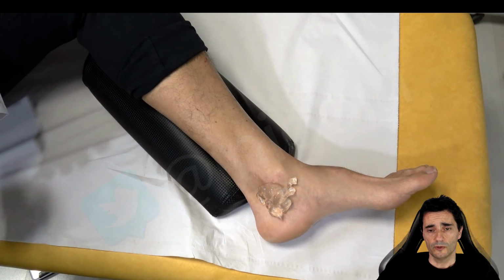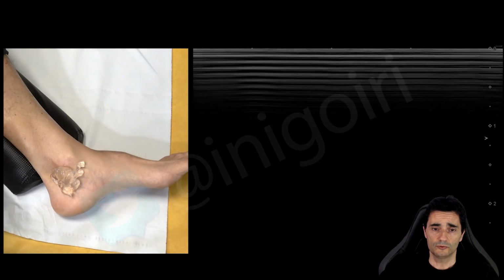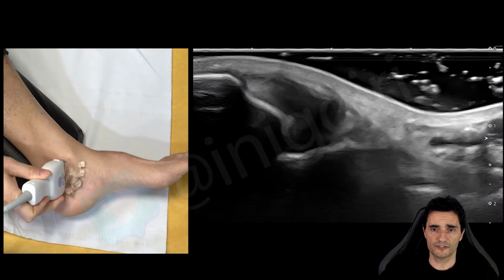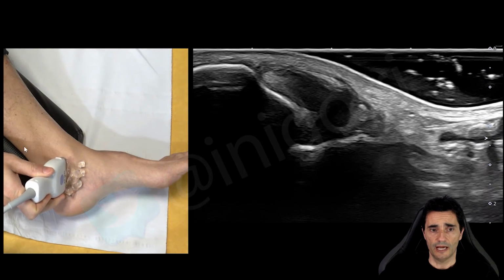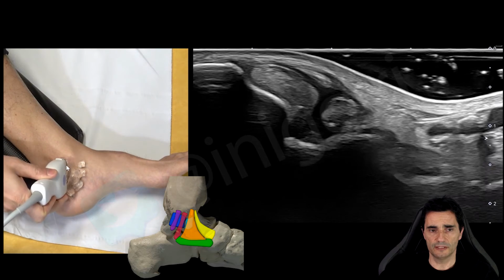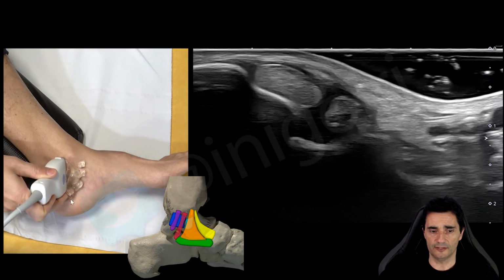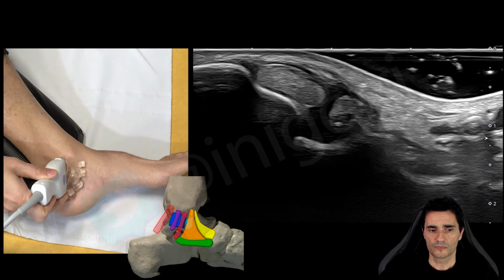First of all, we will locate the medial malleolus and the tarsal tunnel. This is the first scan we need to obtain. We locate the medial malleolus, and we orientate the probe towards the calcaneus. In this position, we will notice the medial malleolus, the posterior tibialis tendon.